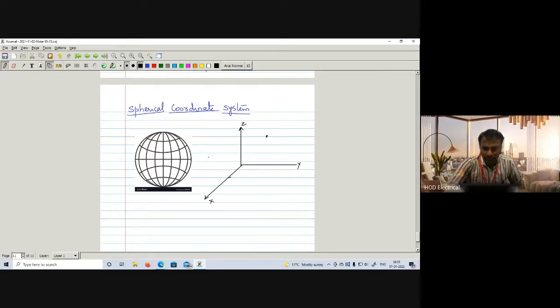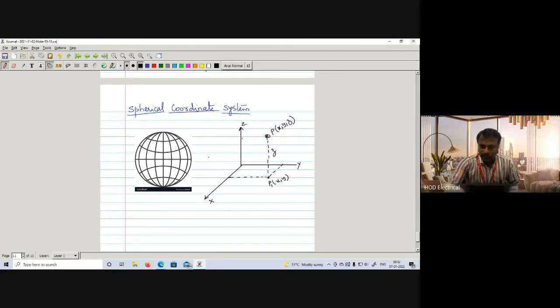For example, this point is P of x comma y comma z. We have already done this when I explained the cylindrical coordinate system. This is the projection of the point in the xy plane, so this point will be x comma y. Then this is the distance z, therefore x, y and z. Like that we can represent this point.